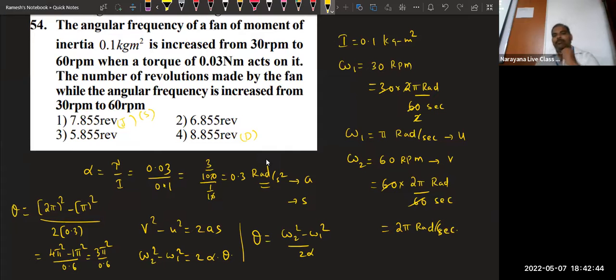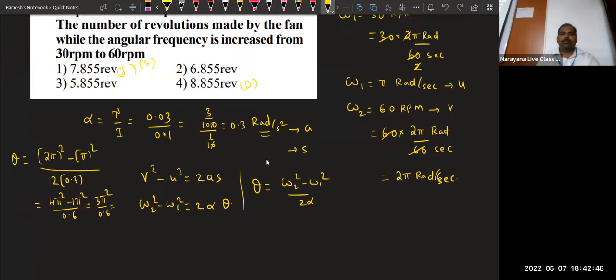I told you many times, no need of doing this. This is similar to number of revolutions into angular displacement in one revolution. Understood this step?